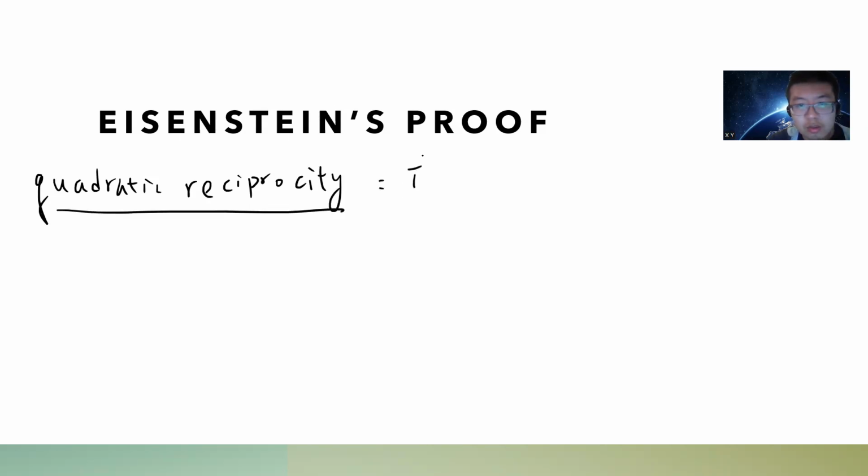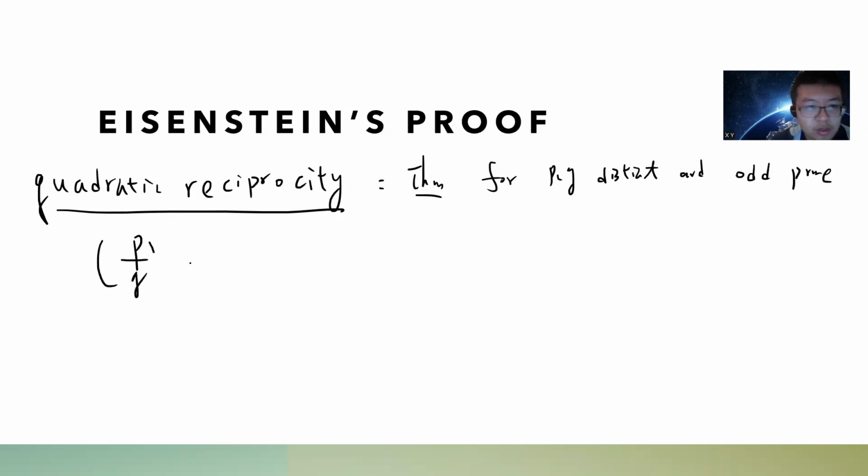The theorem says that for p, q distinct odd primes, we must have the Legendre symbol (p/q) times the Legendre symbol (q/p) equal to (-1)^((p-1)(q-1)/4).